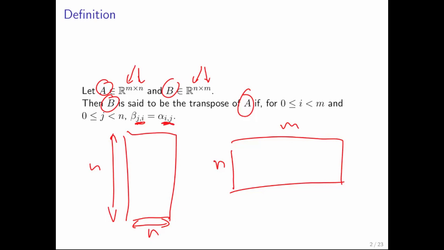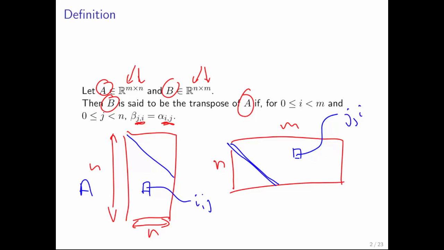Now, what does that mean? Well, it always helps to put a diagonal here and a diagonal here. And let's say we have some entry in A that's the entry ij. Then if you look at that same entry mirrored with respect to this diagonal here, then that would be the entry ji.